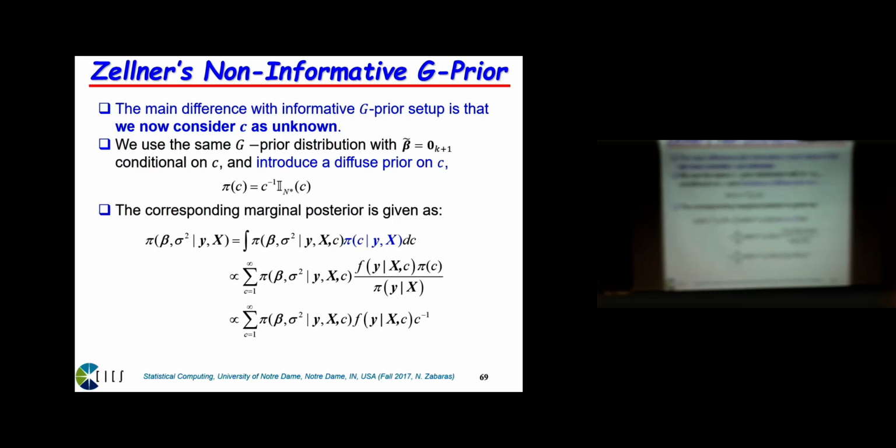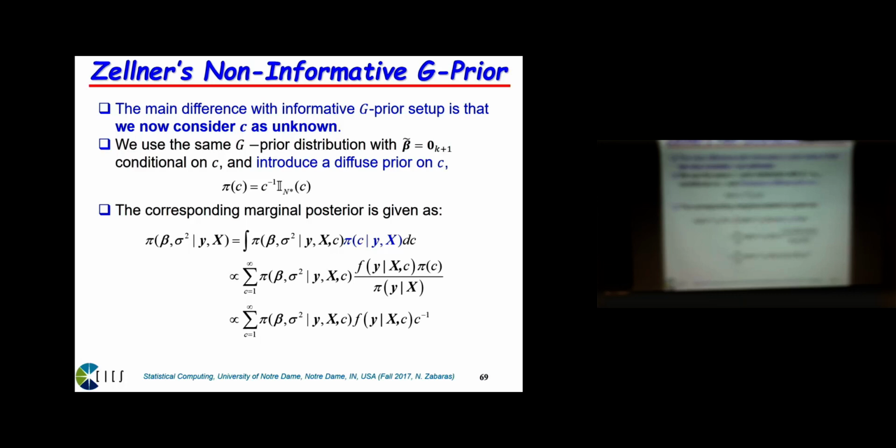Basically, if C is going to be a random variable, I'm going to write this as an integral in C of the probability of beta, sigma squared, and C, given my data, and then I'm going to write this as this conditional given C times the posterior of C. It sounds weird that C became a coefficient, now there is a posterior of C. So we will see what that means.